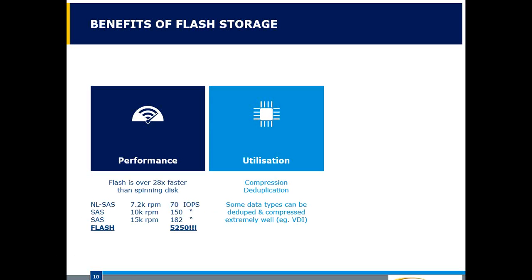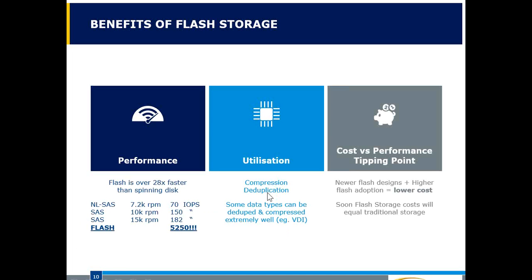Again, that'll be different depending on what your I/O profile is, and that's why it's really important to understand what your I/O profile is, so that you can see whether or not you can get really good use out of some of these beneficial technologies, not just the raw speed that you get from flash storage.